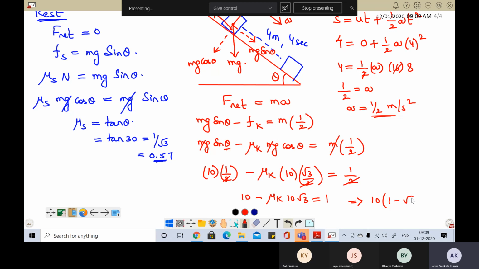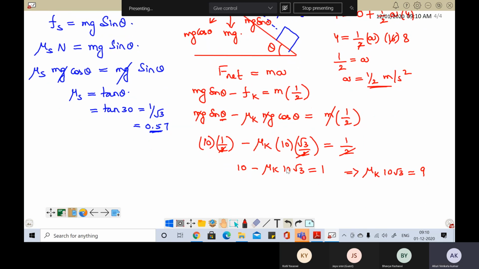Root 3 is 1.732. Taking mu k into 10 root 3 to that side, mu k into 10 root 3 equals 10 minus 1, which is 9. So mu k is equal to 9 by 10 root 3. Calculate this value.